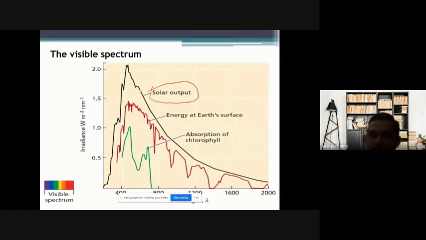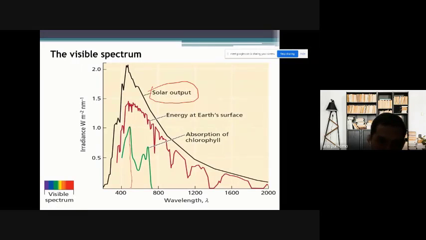This is the spectrum that is already in sunlight, but only a small spectrum is visible to us and can also be used directly by plants.